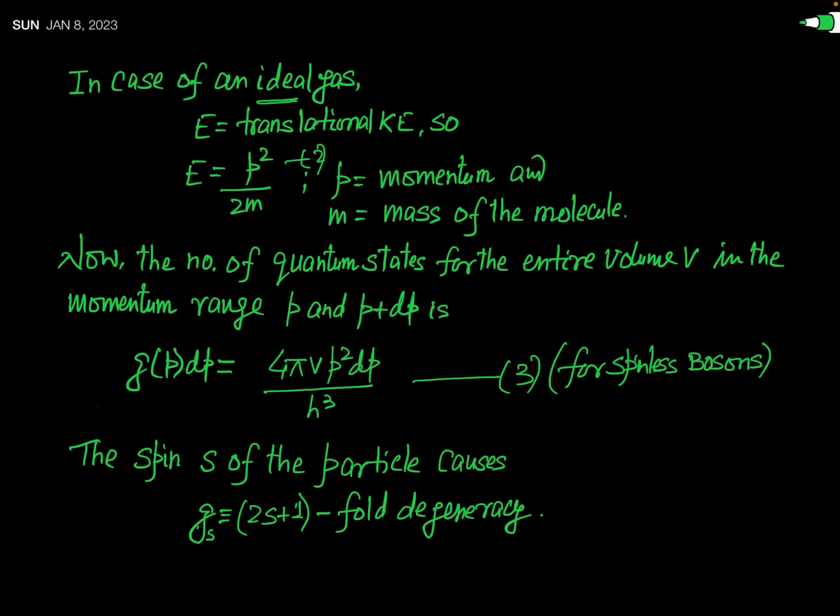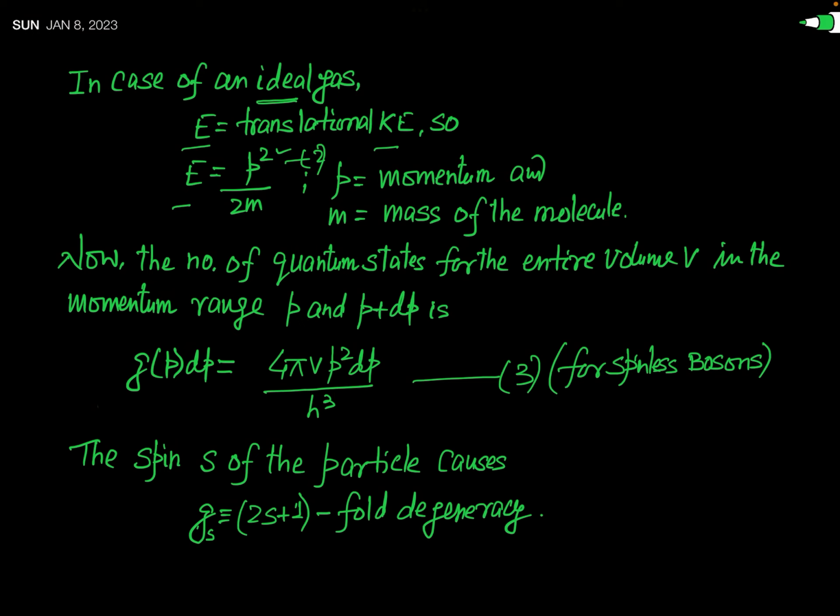So here, when you say that E is the energy of a molecule, it means this is simply the translational kinetic energy of the molecule. And you know that this translational kinetic energy E is given as P square over 2m, where P is the linear momentum of the molecule, and m is the mass of the molecule.